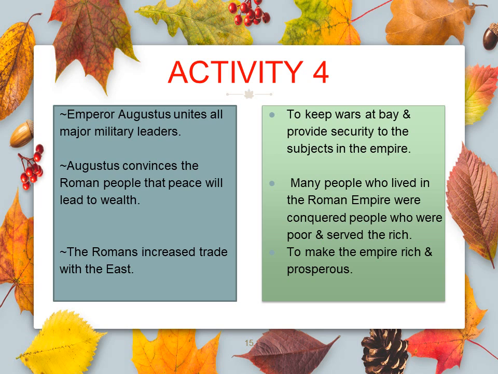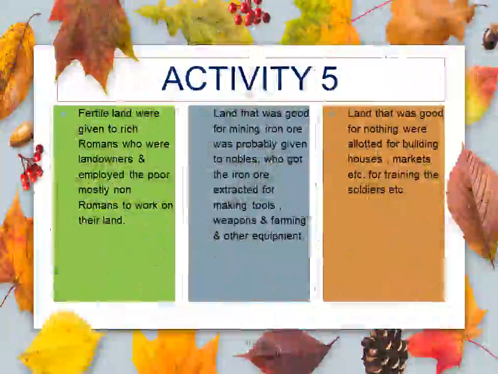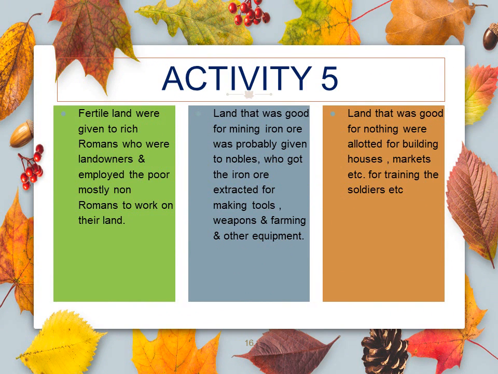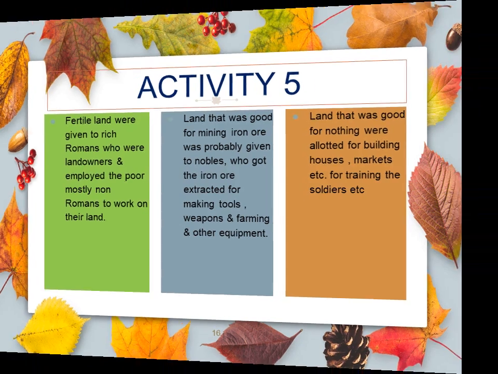Now this is activity 4. Please go through the question asked in the textbook, and activity 4 has this answer. You can check it, children, how the distribution of the land in those days took place. Here we come to activity 5, and you can see the different kinds of land put to different uses.